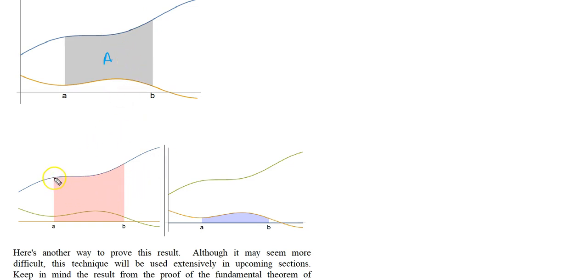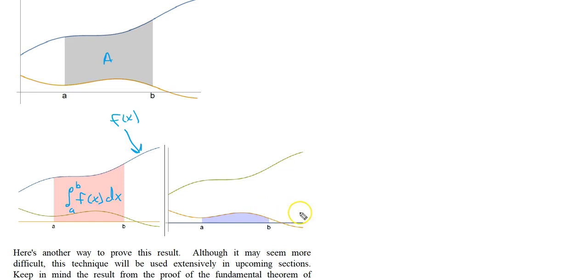Down here we have a shaded region that's bounded between the x-axis and the graph of f of x. So the area of this shaded region would be, by the fundamental theorem of calculus, the definite integral from a to b of f of x dx.